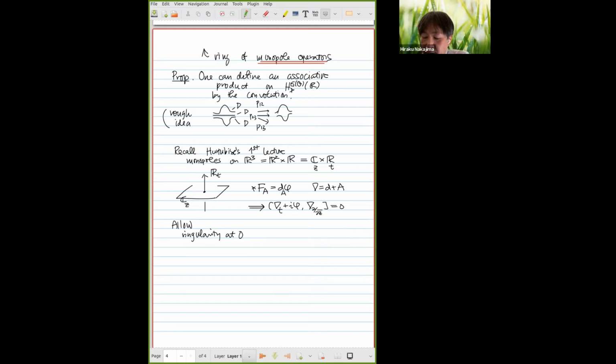Then we allow singularity at the origin. This monopole with singularity was studied by Kronheimer a long time ago. Well, maybe not so long ago, it's 1985. This can be understood as an S1-equivariant instanton, which is a four-dimensional object. You have an S1 action here which is preserved.